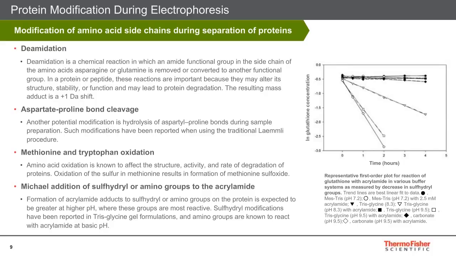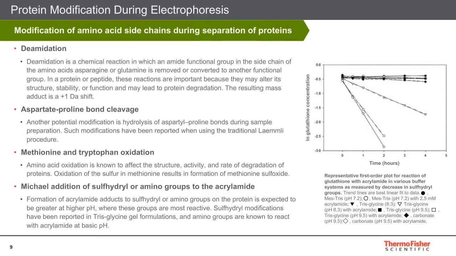Similarly, addition of sulfhydryl or amino groups to the acrylamide has been reported in Tris-Glycine gel formulation, and amino groups are known to react with acrylamide at basic pH. The study, which is shown on the right, was published in Analytical Biochemistry, and it looked at the reaction of glutathione with acrylamide in various buffer systems.